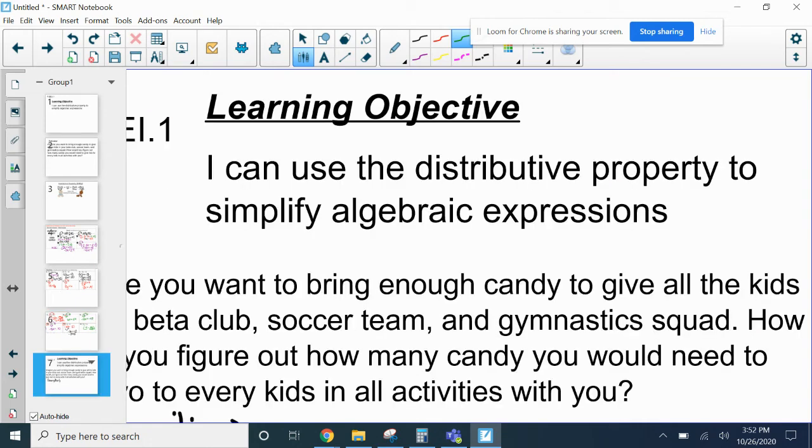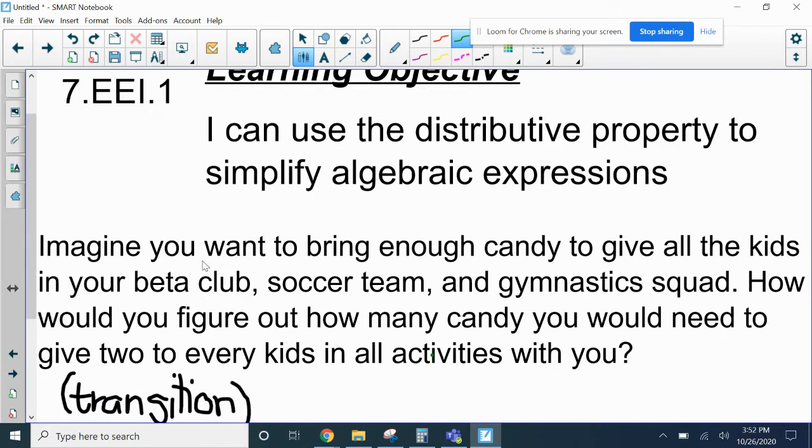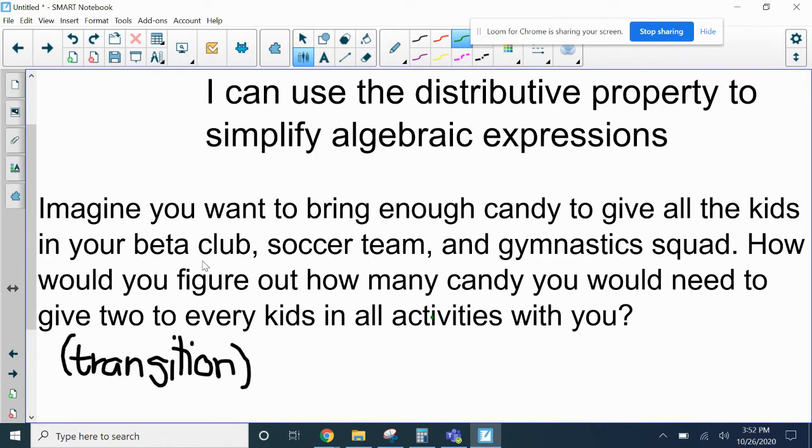All right, so now let's think back and use that to sum up. Our learning objective was that we know how to use the distributive property to simplify algebraic expressions. So imagine you want to bring enough candy to all the kids in your beta club, soccer team, and gymnastics squad. How would you figure out how many candies you would need to give 2 to every kid in all of the activities? Well, today we learned about the distributive property.